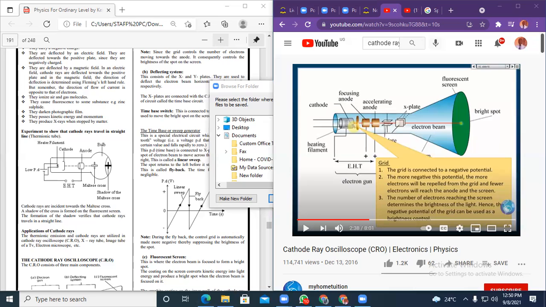We can say the more negative the potential of the grid, more electrons are repelled back to the cathode, and a few are allowed to reach the anode and the screen. Do you get it?